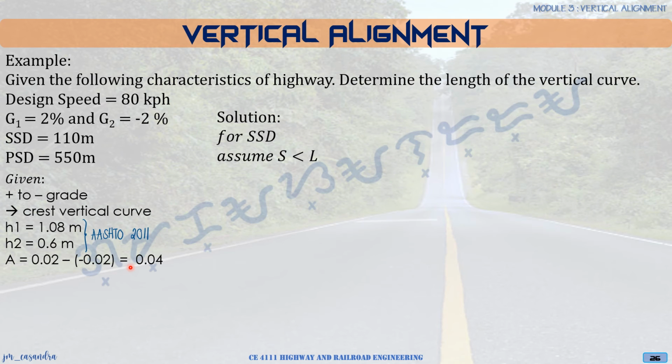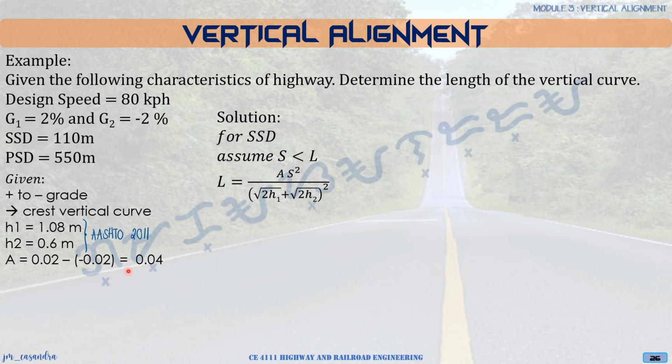So let's assume that S is lesser compared to the length. So using now our general equation, L equal to A S squared divided by the square root of 2H1 plus the square root of 2H2, squared. As you can see, in the given equation in the previous slide, it's divided by 100 since A is in percent.